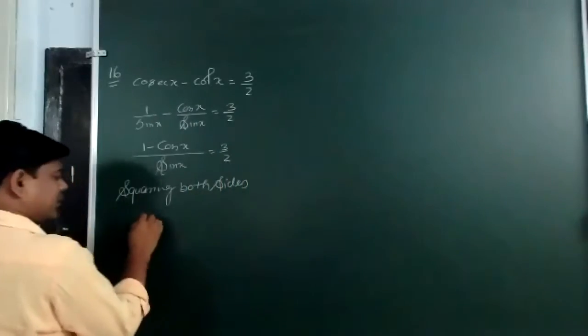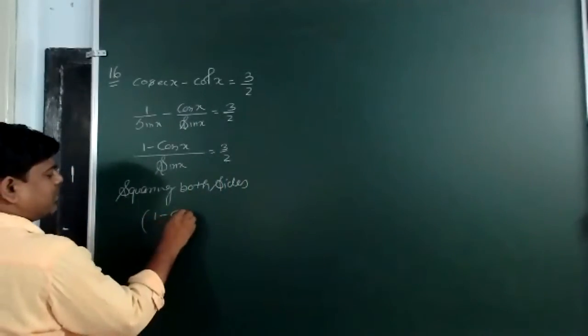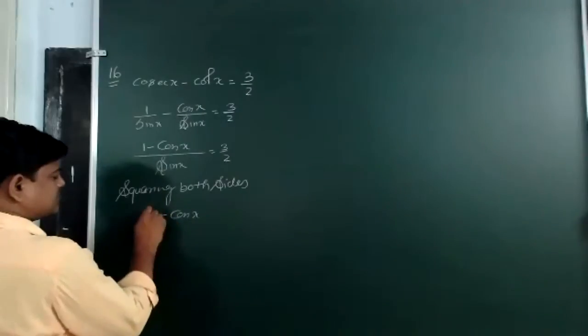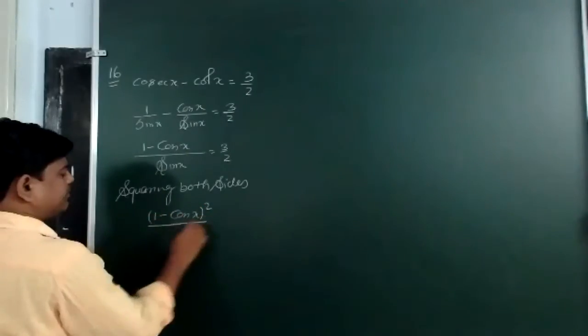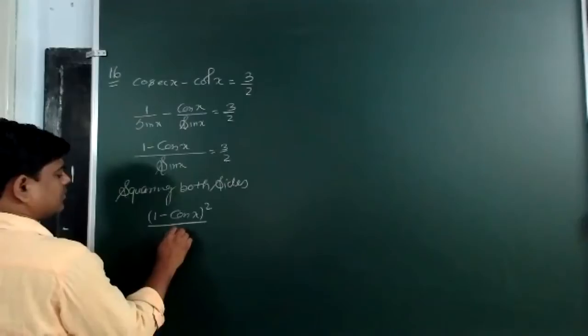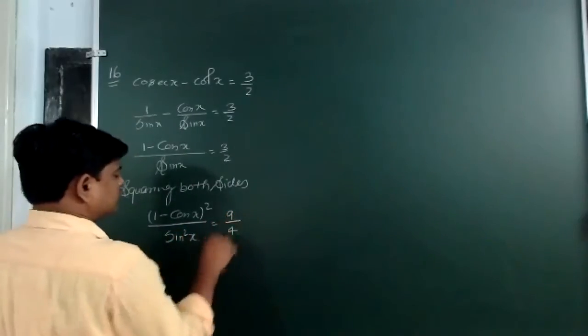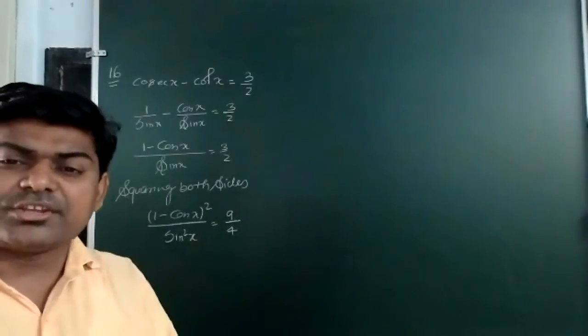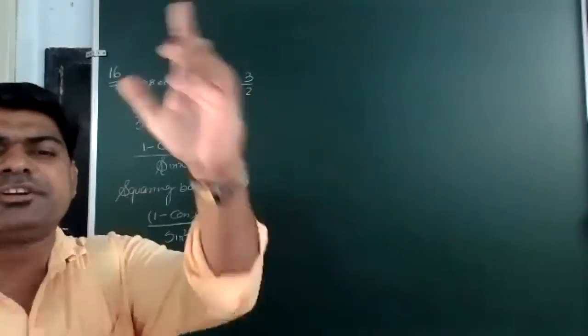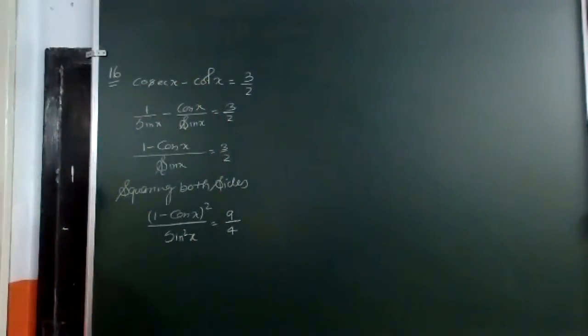When I do it, it will be something like (1 minus cos x) whole square upon sin square x is equal to 9 upon 4. Is it or not? Now sin square x can easily be converted in terms of cos. It can be 1 minus cos square.